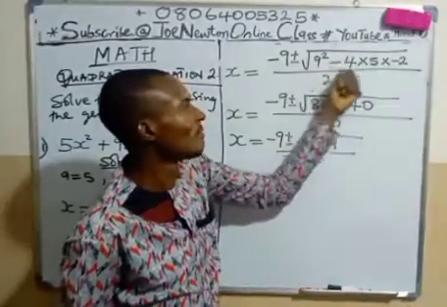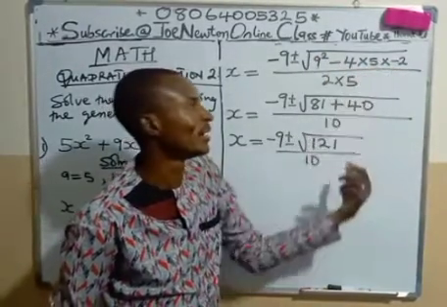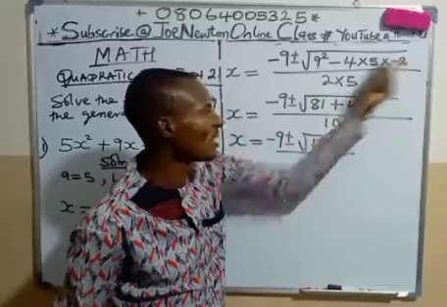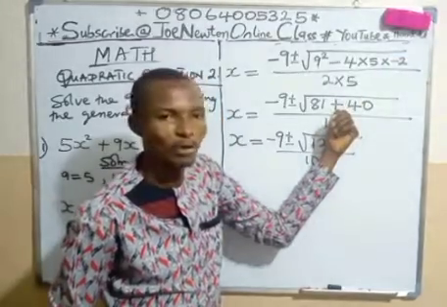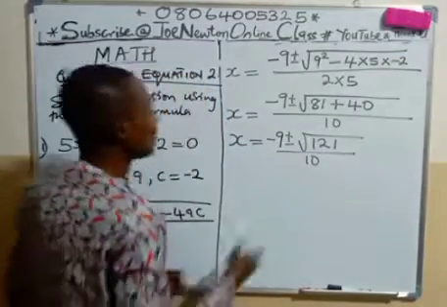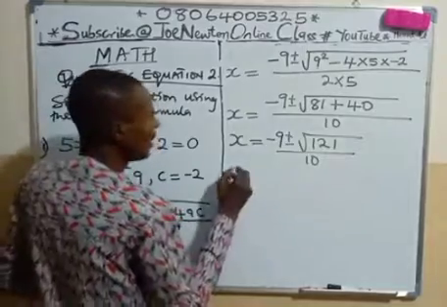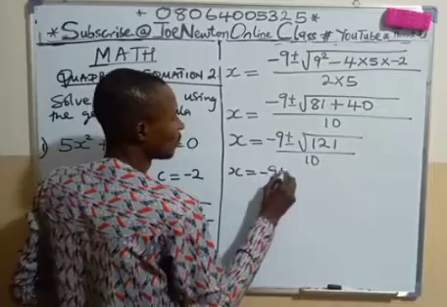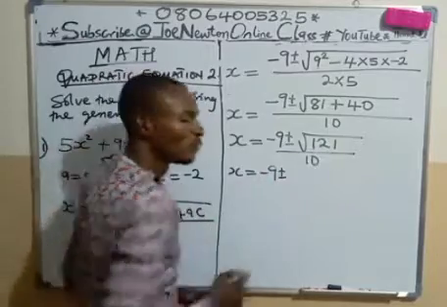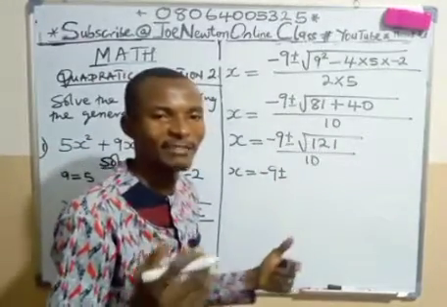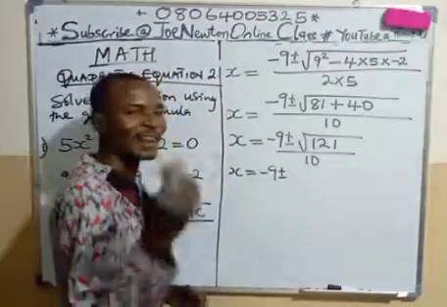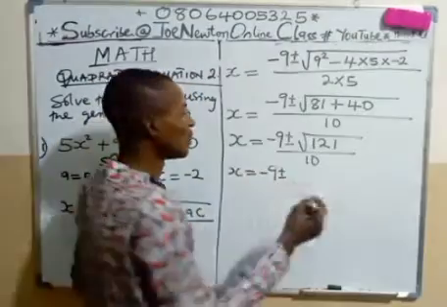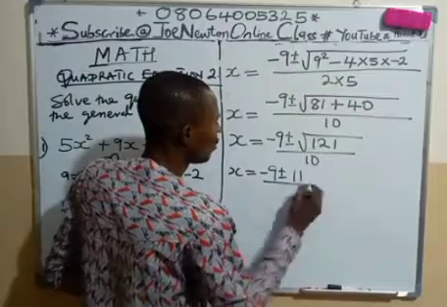It should have been this minus the square of this minus what we get here, the product. But because we have minus here, that's why we have arrived at plus. So be careful. Then we continue. That gives us x is equal to minus 9 plus or minus square root of 121, which is 11. Recall that 11 times 11 gives us 121. So 11, all over 10.